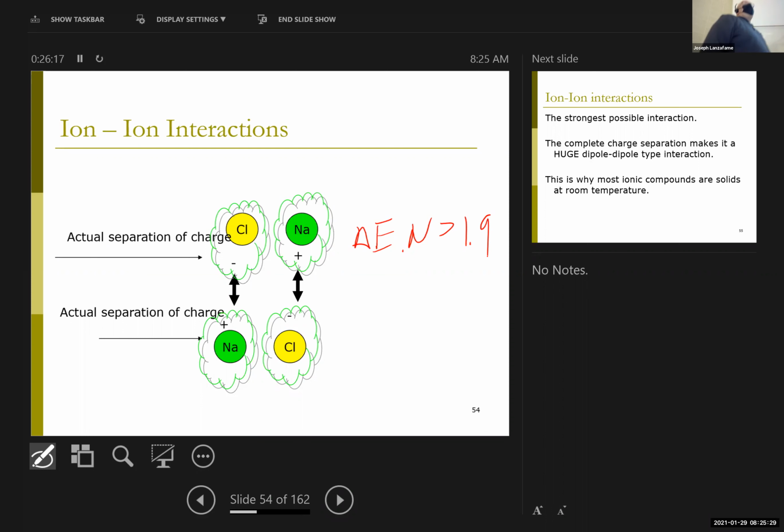Again, in some sense, it arises from the same genesis of any of my other forces, but the charge separation is so extreme, right, that in fact there's no distinction here virtually between the intermolecular force and the bond, right? Especially as drawn. Why does this sodium like this chlorine any better than it likes this chlorine?